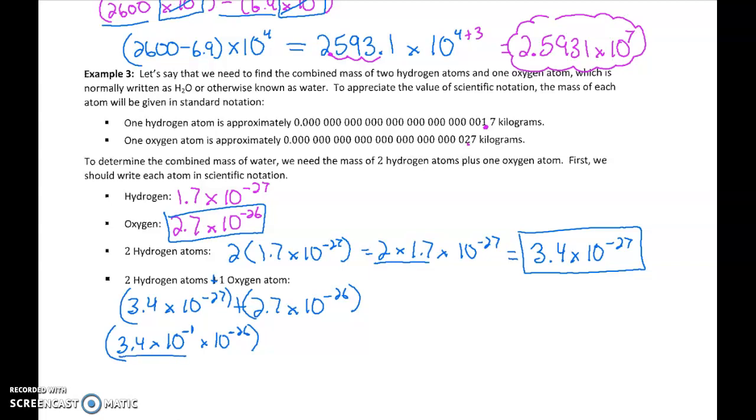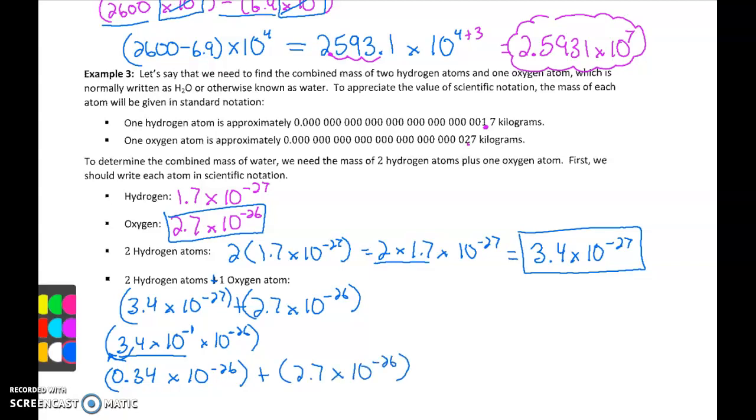Now, 3.4 times 10 to the negative 1, that means we are moving the decimal point 1 to the left. And so that becomes 0.34 times 10 to the negative 26. And you can do that even on a calculator. That one step there puts us at the same power of 10 again.